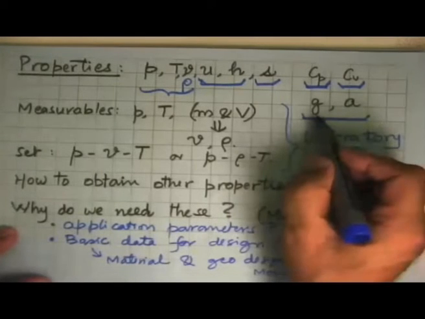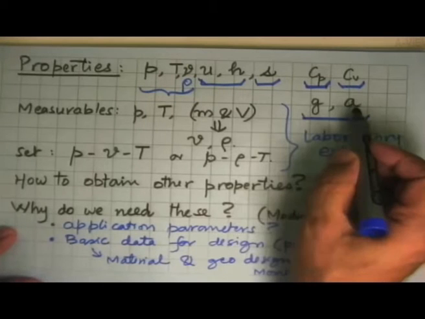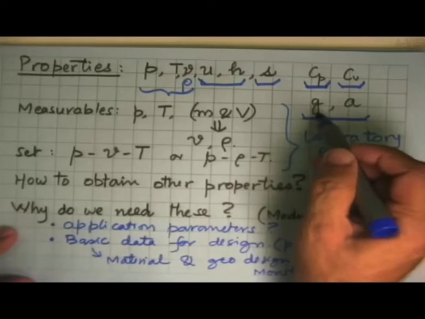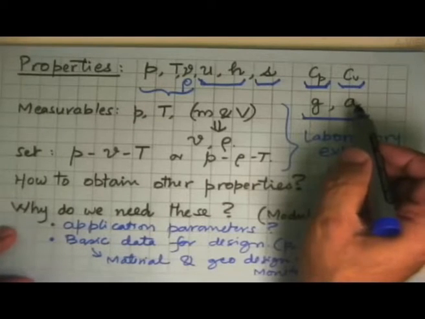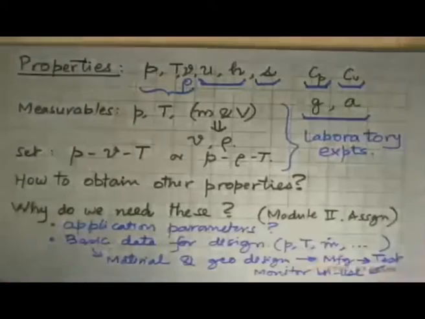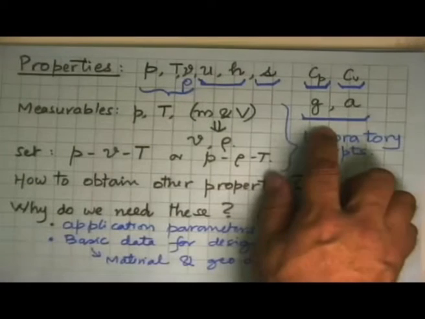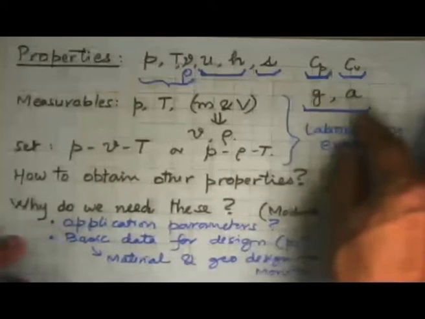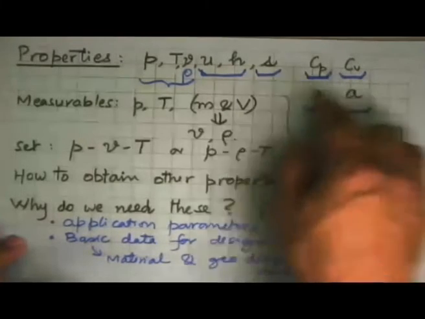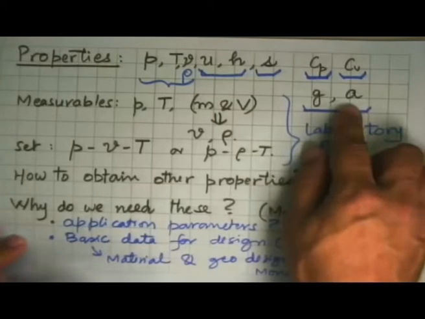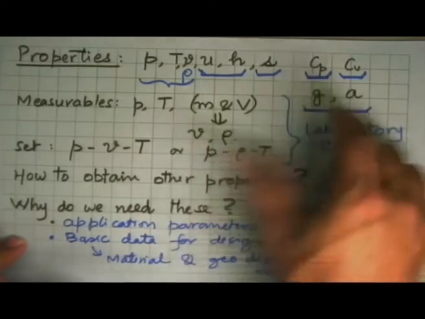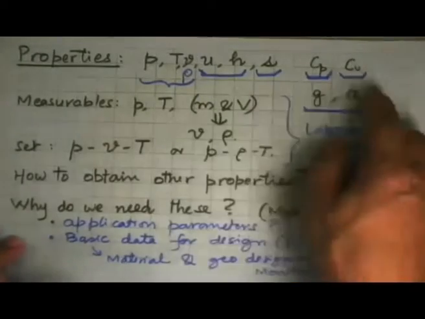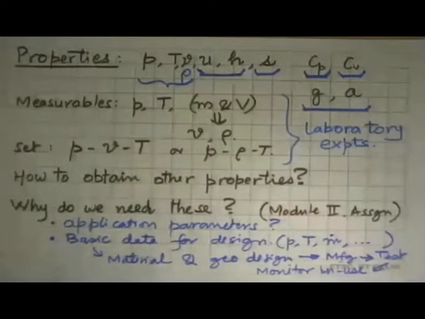One is small g, which is called Gibbs energy, the specific Gibbs energy, and small a, the specific Helmholtz energy. So this will complete all the properties that we require, and the reason for introducing these two is that property relations, the way they evolve, they actually start off from here in one sense, in a mathematical way, and give us equations by which we can calculate all of these. So that's the reason for introducing the Helmholtz energy.